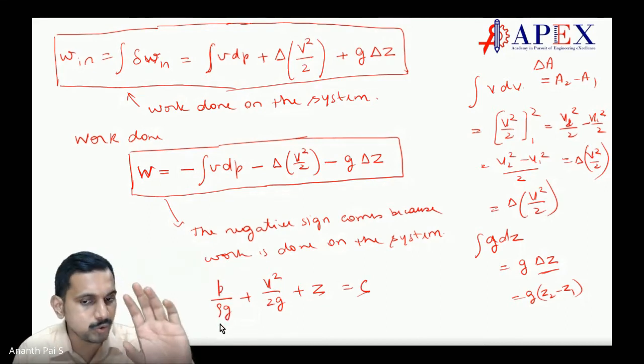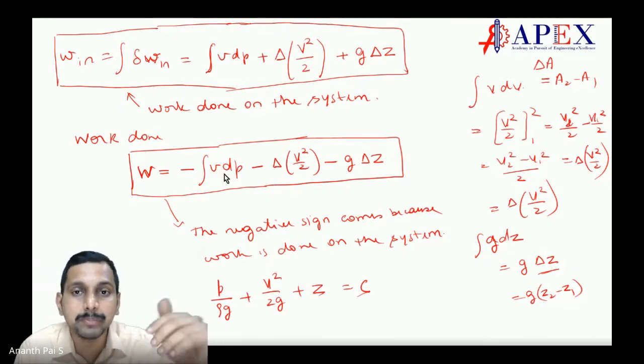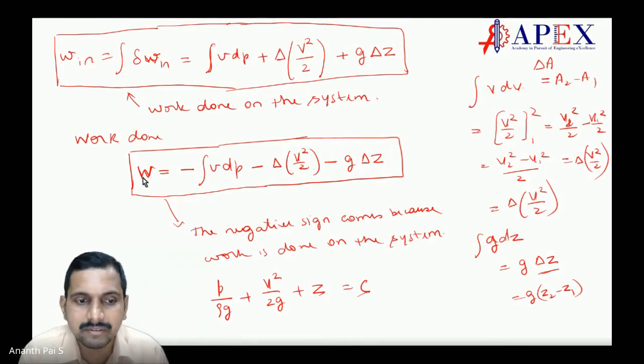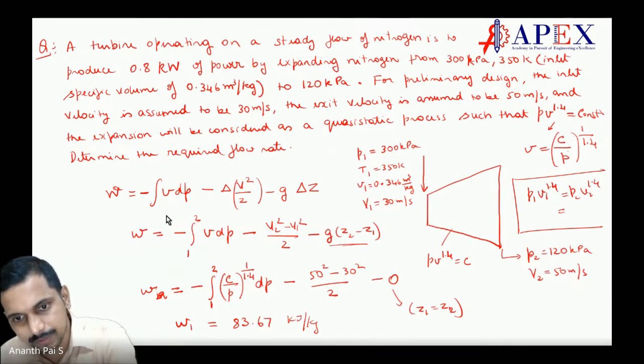So when you take head in Bernoulli's equation, it is nothing but energy per unit weight. Here it is energy per unit mass. All the energy per unit mass, that is pressure energy, kinetic energy, and potential energy, is equal to the work done per unit mass. Make sense? Any doubts still here, students?